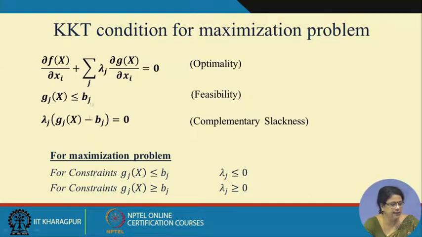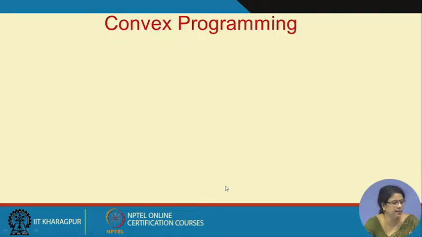If the constraint is of type less than or equal to, then the corresponding multiplier would be non-positive, and if the constraint is of type greater than or equal to, then the corresponding multiplier would be non-negative. I have explained why these are so in my previous classes.